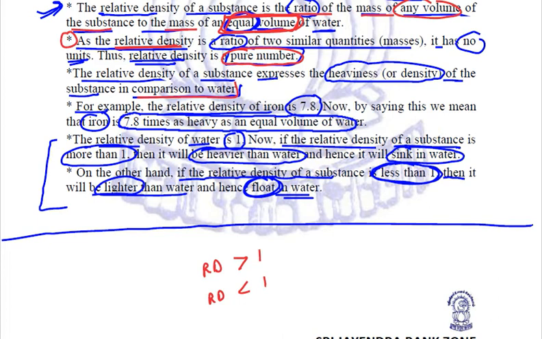So this is what the chapter Pressure and Archimedes principle is all about. I hope you have understood this quite simple and very small chapter, but there are a lot of things to relate, to learn, and to take care of while giving answers.